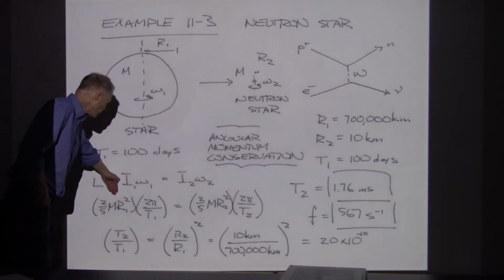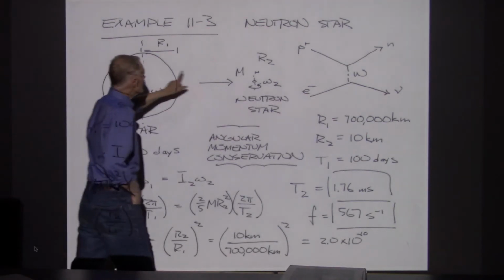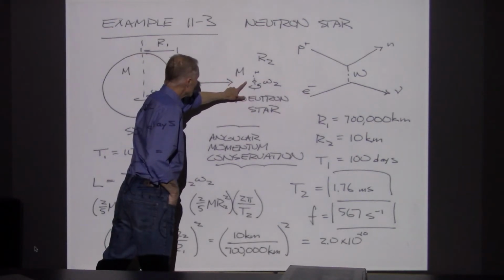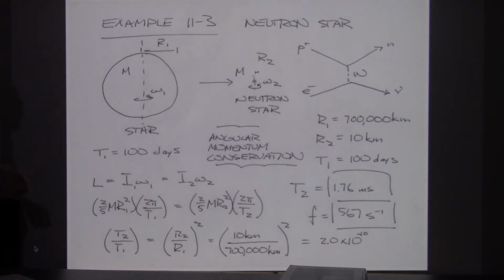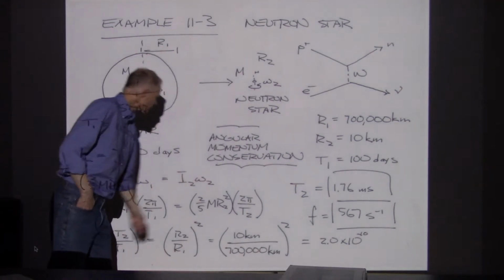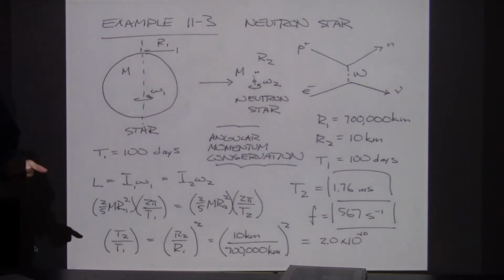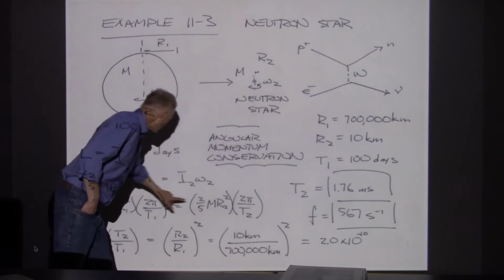So I can put in the formulas for the rotational inertias of the original star and then the neutron star that it forms from. And again, assuming that the mass remains the same, the m before matches the m after. And you can see how much stuff factors out here. So the only things that are going to be left are the radii, before and after, and the periods. And so this becomes a ratio. What we can do is bring the T2 over to here.